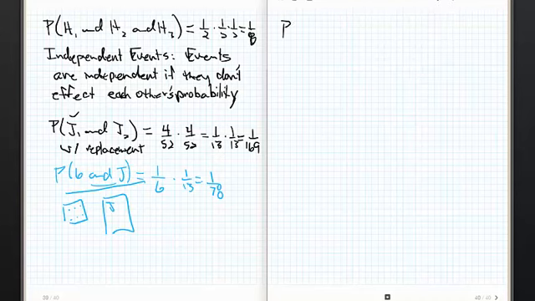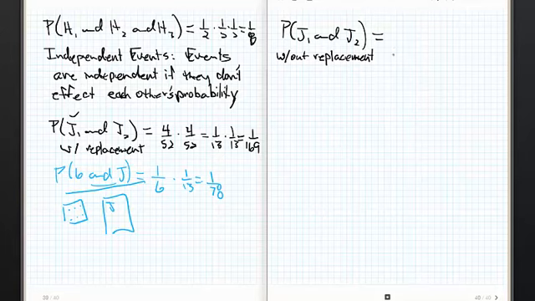So let's say that I want to find the probability of a jack on the first and a jack on the second. Now, in this case, we're going to go without replacement. In other words, I draw a card and I get a jack, but I don't put the card back in the deck and reshuffle it.